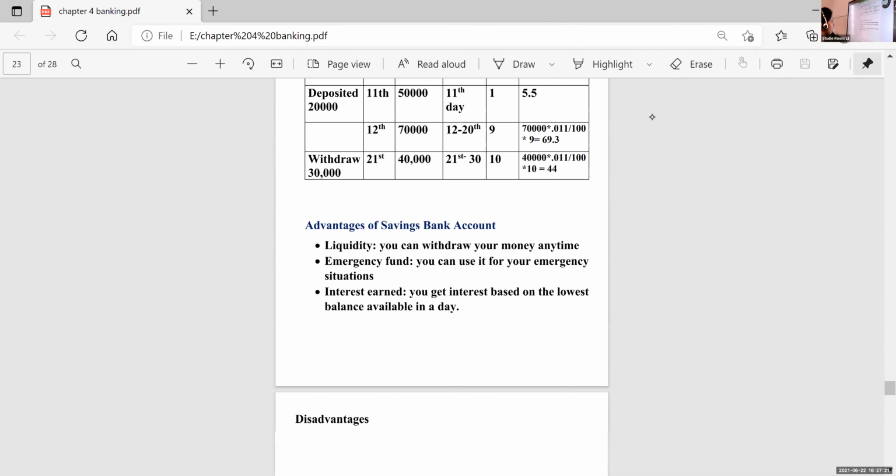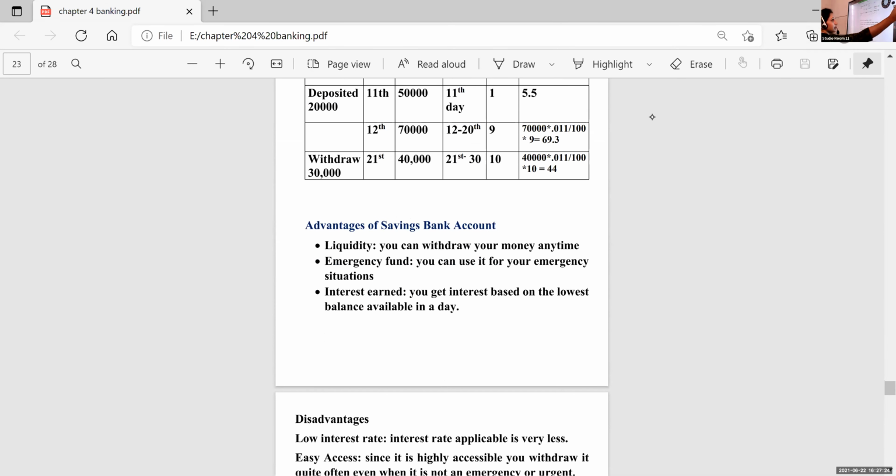Let me discuss this fast. Advantages of savings bank account. It's time up, I'll wind up soon. Liquidity is the first point. Liquidity means you can withdraw your money anytime. If you have an ATM card, it is very convenient to withdraw money anytime. Emergency fund: if you are in an emergency situation, you can withdraw your amount from your savings bank account.